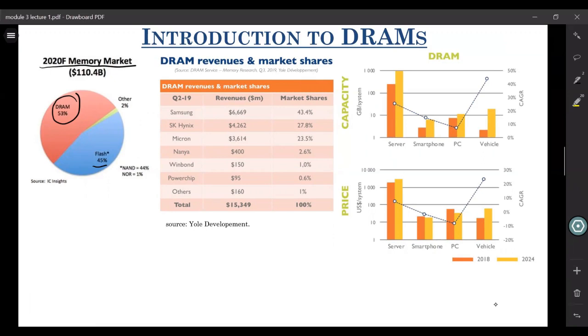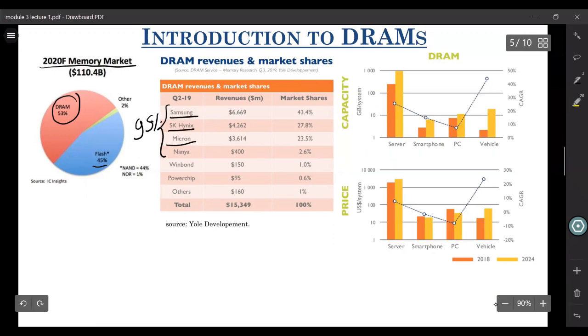Among the major market players, almost 95% is captured by Micron, SK Hynix and Samsung. If you include Nanya, it's close to 98%. So these few players control the entire DRAM market.